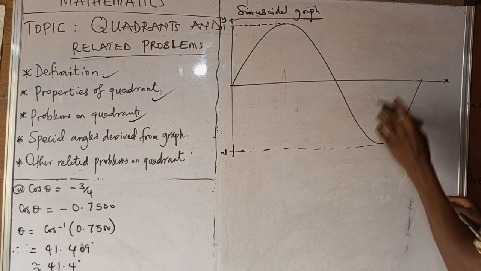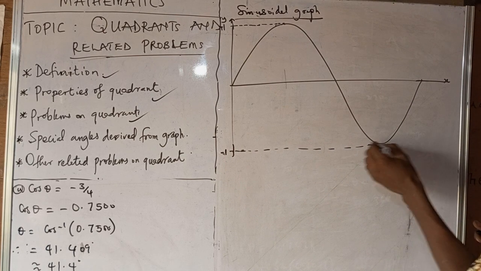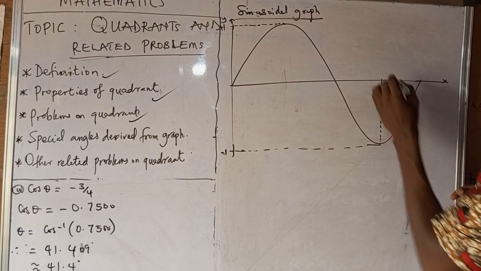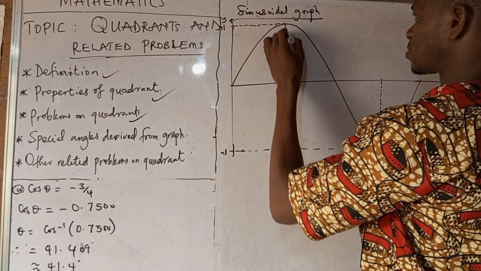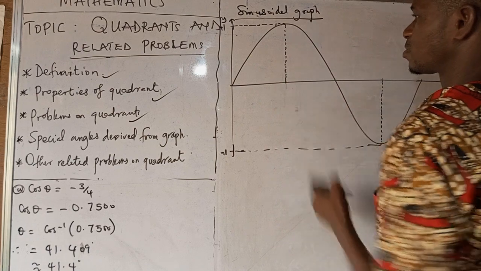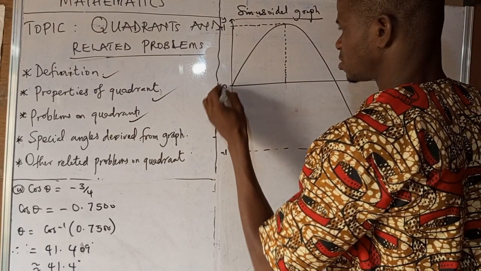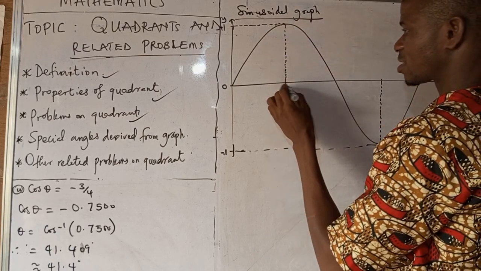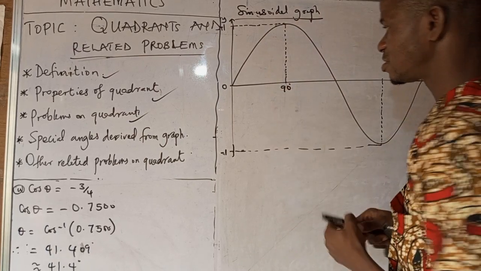This is half of a circle, this is also half of a circle, giving us a complete circle, a complete rotation. This is the origin, the starting point, this is 0, and this is getting to its peak at 90 degrees.